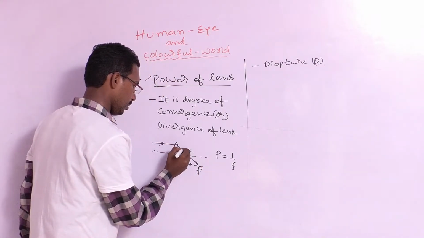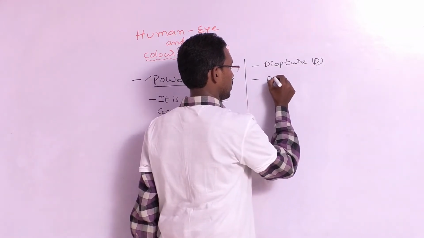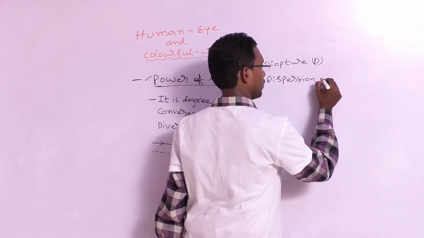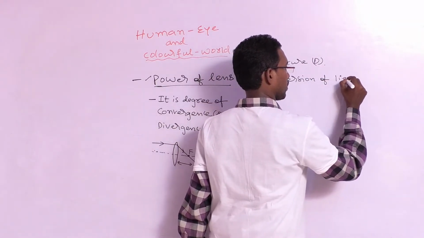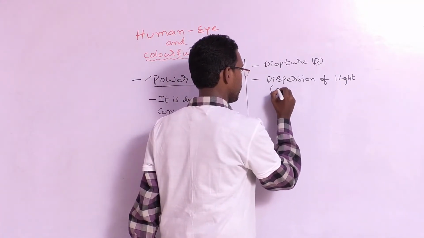Okay. The next we will deal with the topic known as dispersion. Dispersion of light using a prism. This concept is done using a prism.